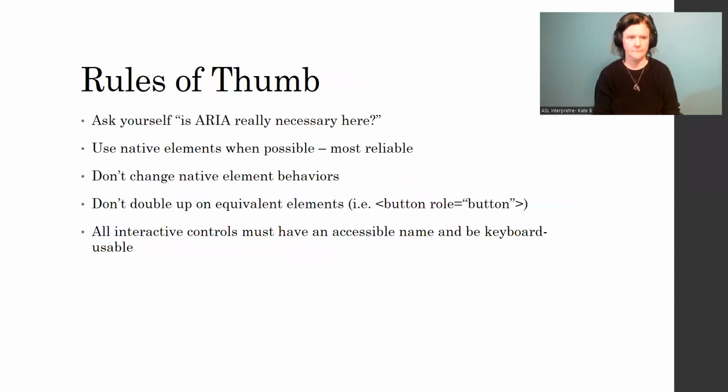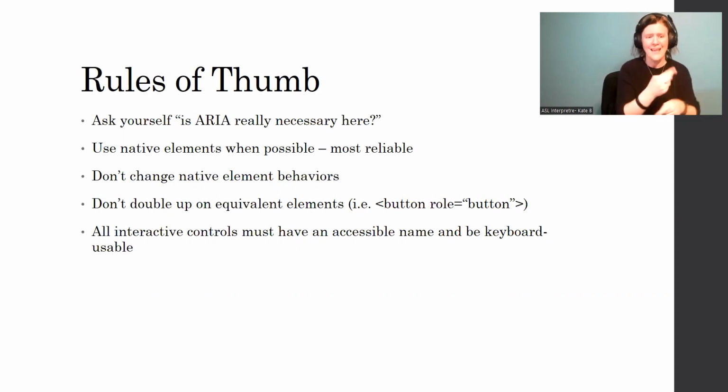And rules of thumb. So from those benefits and challenges, here are the rules of thumb. First question you should ask yourself as you're developing is, is ARIA really necessary here? As Carl mentioned, we want to use native elements when possible. They're the most reliable.